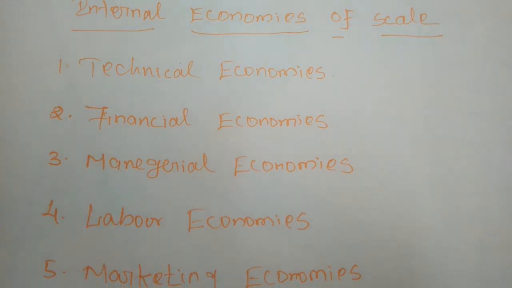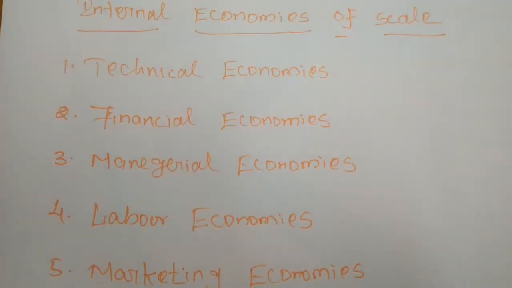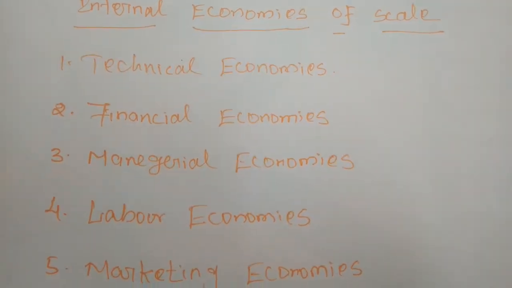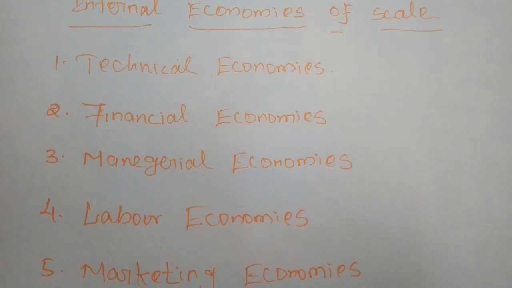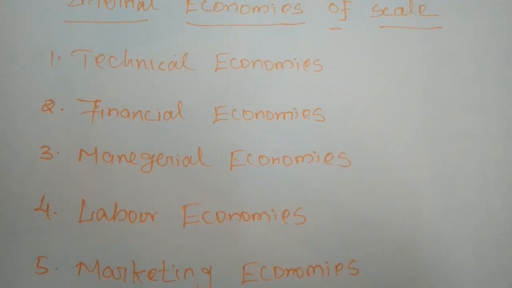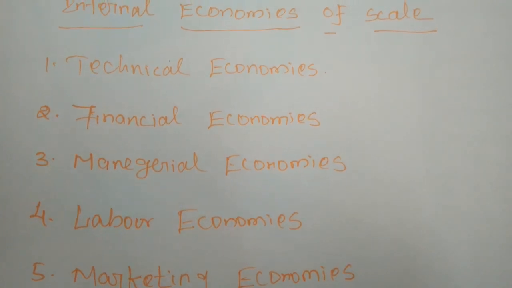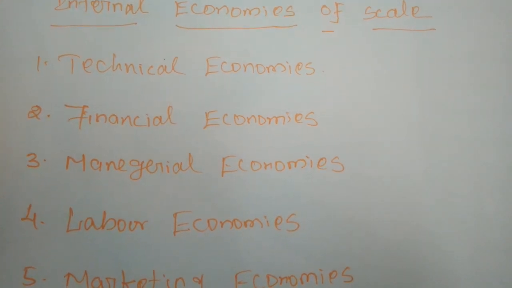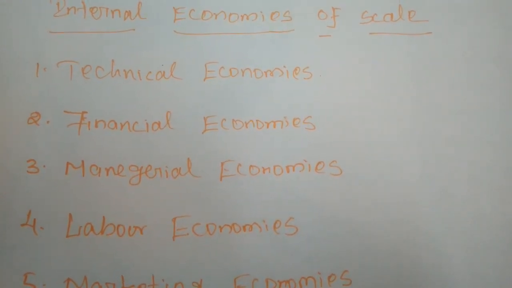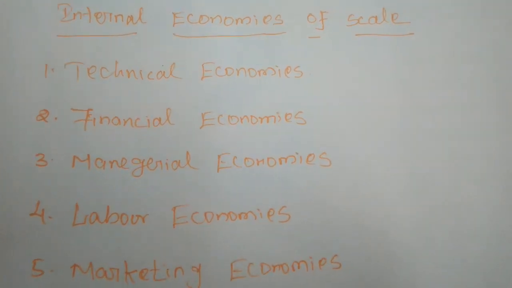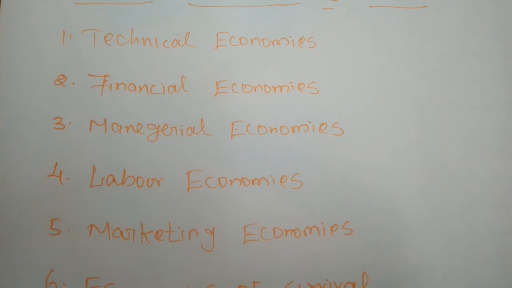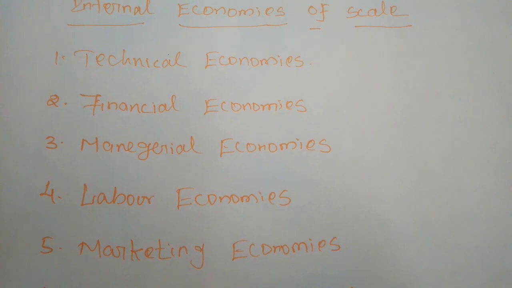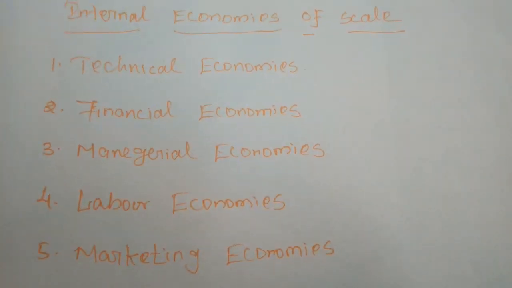Next, financial economies. Big firms can float shares in the market for capital expansion, while small firms cannot easily float shares in the market. As we have studied in commerce, large-scale industries are able to issue shares. Compared to a small-scale business unit, only a large-scale business unit has the power and the right to issue shares. After establishing and continuing their business activities, if they issue shares, they can get more advantages, that is, more financial ability or more income of finance.